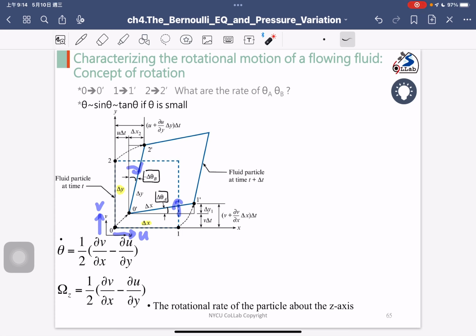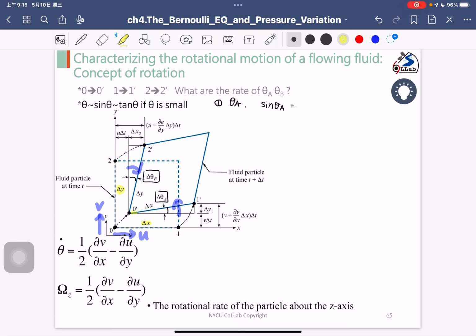So the idea is we first focus on theta A. If I focus on theta A, first I want to know how large theta A is. Okay, and then we can see, if I define the theta A angle, here the delta theta A. I just write down theta A. So if you focus here, what is the sine of theta A?